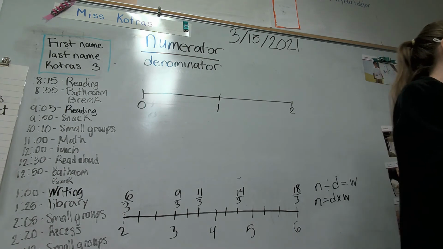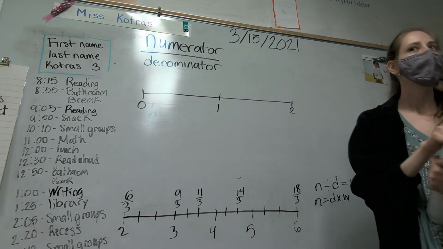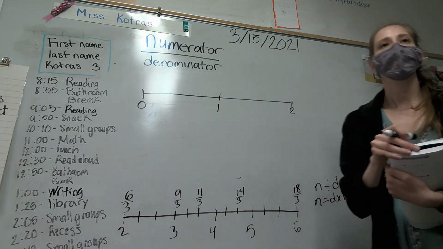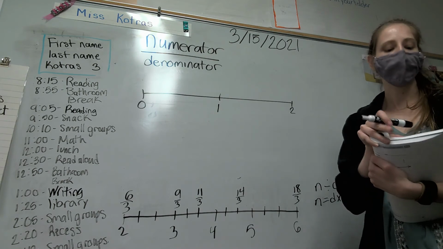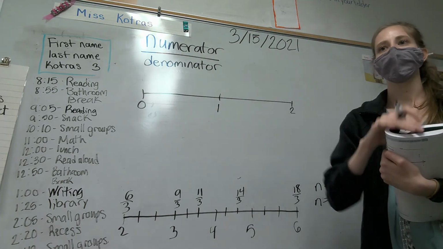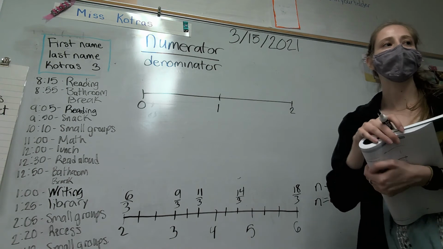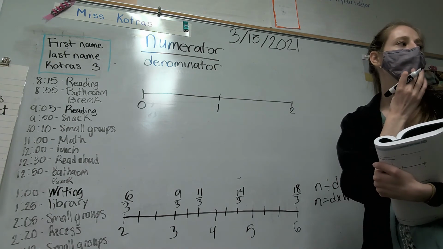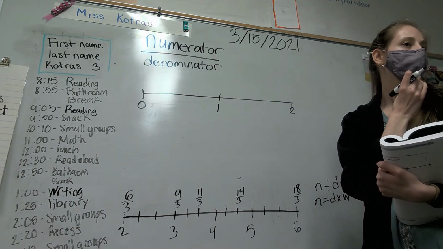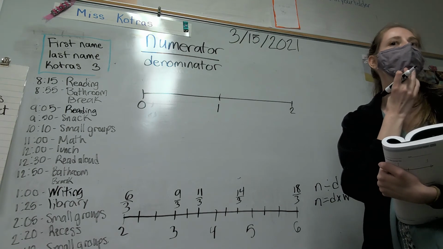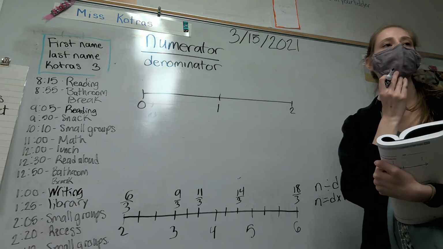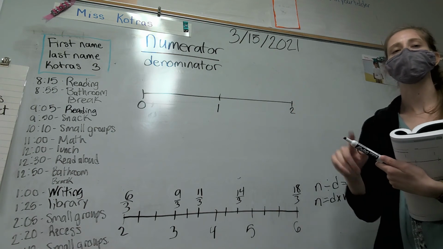One of them measured with fractions. What fraction did he measure his finger in, Jeremiah? 7/4. How does knowing that he measured in 7/4 help us know what to do next with our number line?